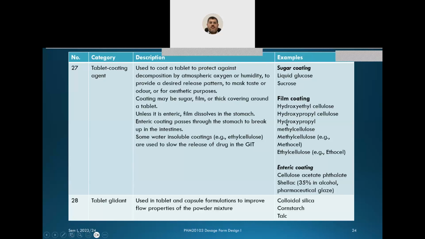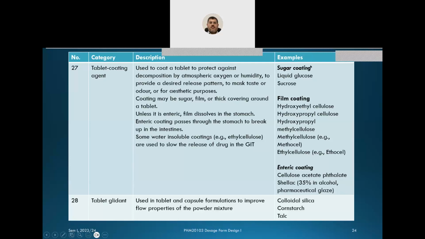And some coats protect from the humidity and oxygen, we call it film coating. If it is to protect from dissolution in the stomach, then we call it enteric coating. So for different types of coating, we use different materials.